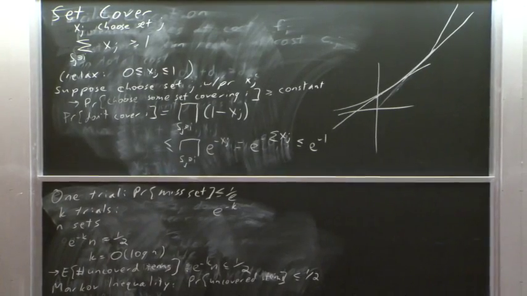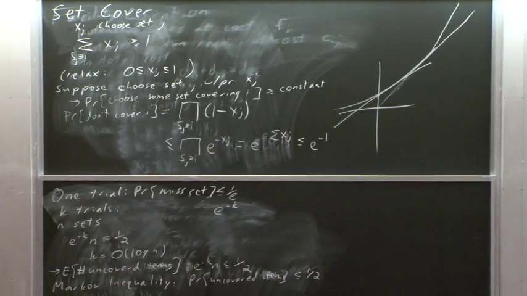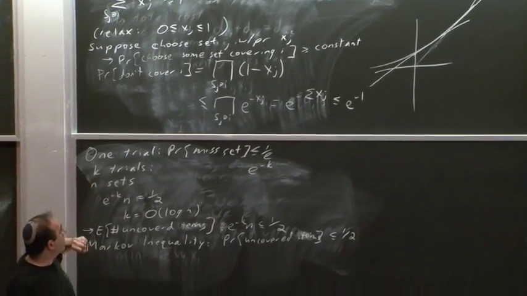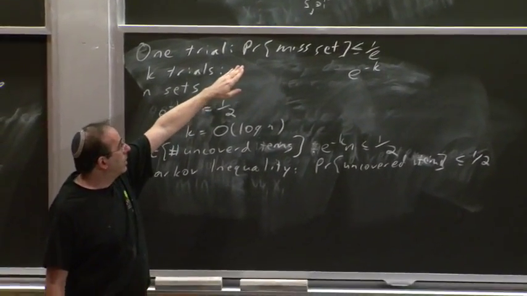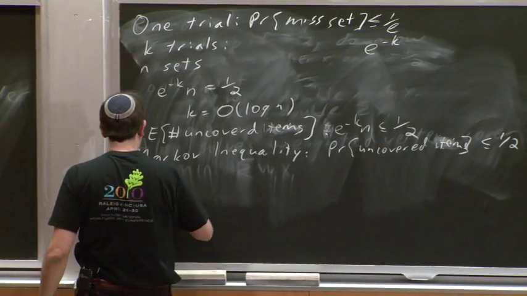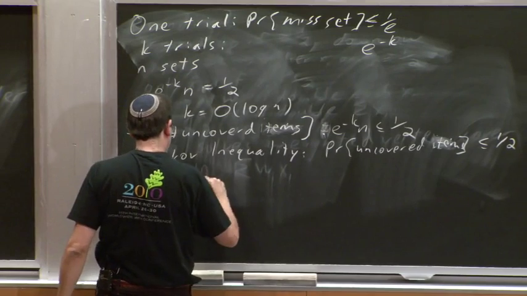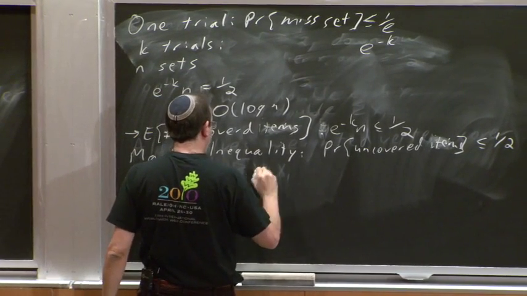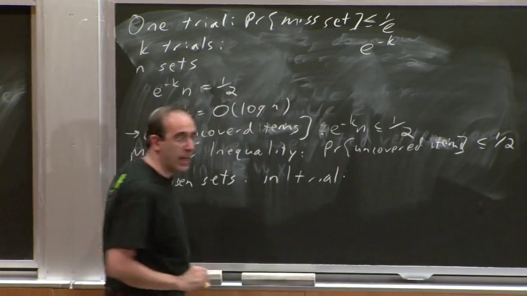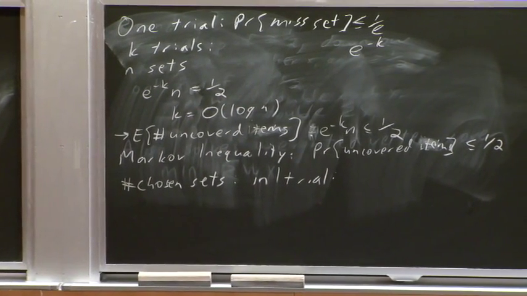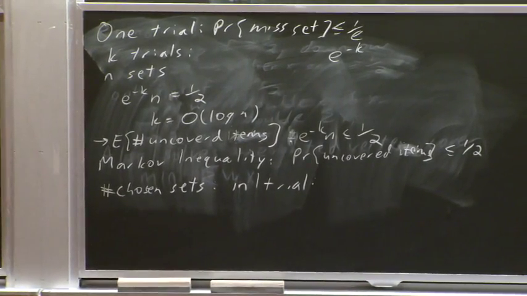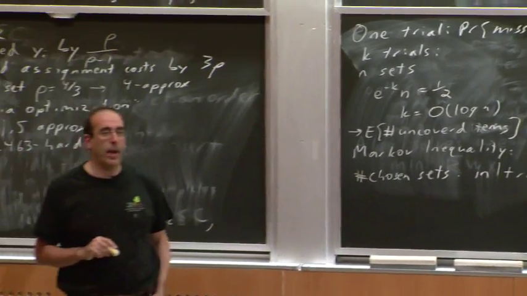Yes? What can we say about the approximation ratio? That's a very good question. So what did I do? In one trial, I picked every set, so let's now ask, what about the number of chosen sets? How many sets am I going to choose in one trial in expectation? If I choose every set with probability xj, what's the expected number of sets that I choose in a trial?